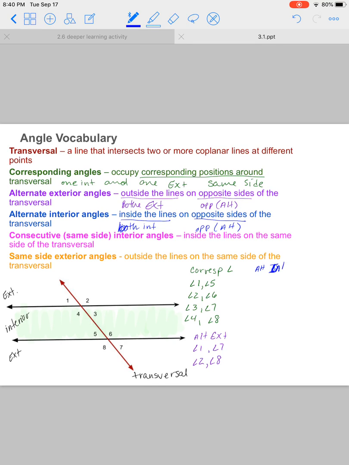So our interiors are angles 3 and 4 with the first line. 3 is on the right, so its alternate interior would be angle 5. 4 is on the left, so its alternate interior would be angle 6.